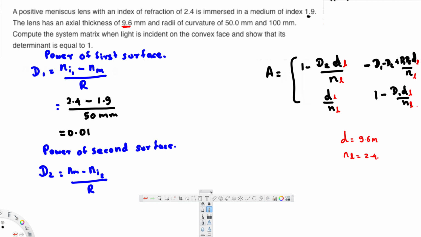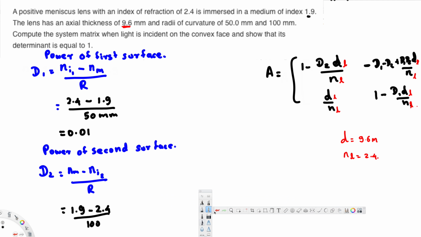And let's look at the second one. For this one we are going to have nm, that is 1.9, and the index of refraction of the lens is 2.4, and then divided by the radius of curvature, that is 100, and here you are going to get negative 0.005.